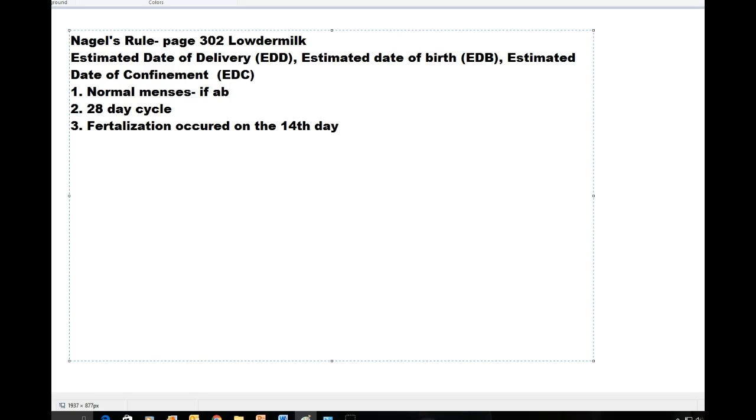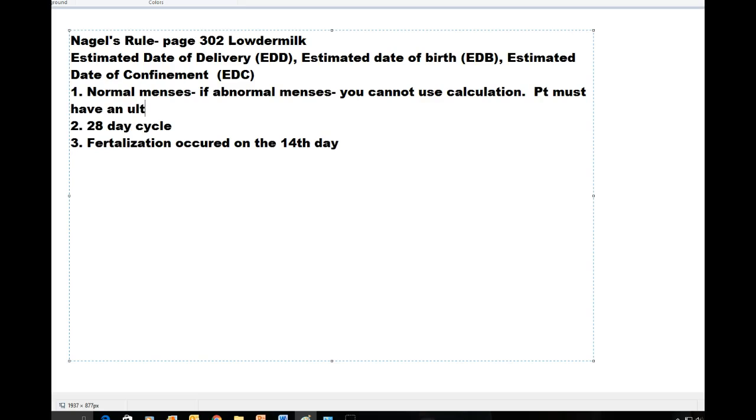If you have abnormal menses, you cannot use this calculation. You must, or the patient must have an ultrasound to determine the due date.